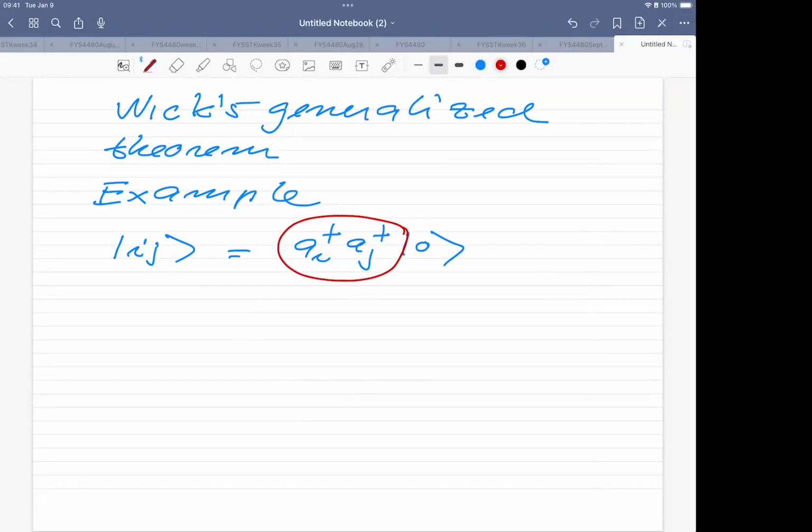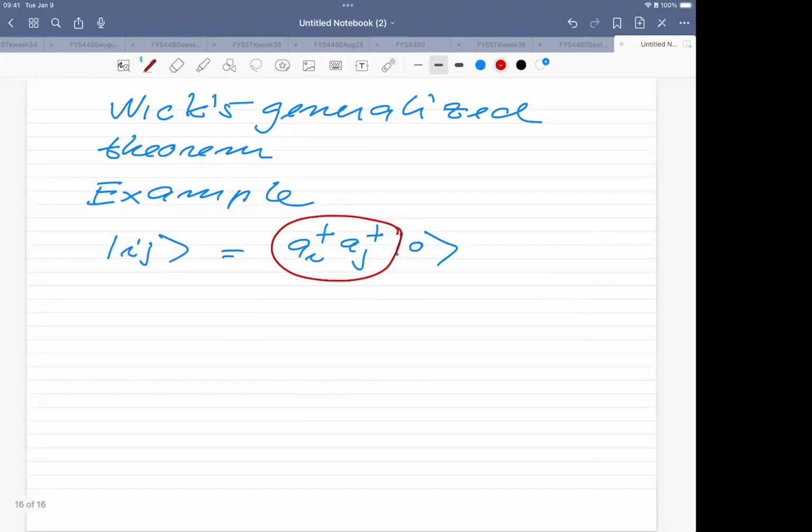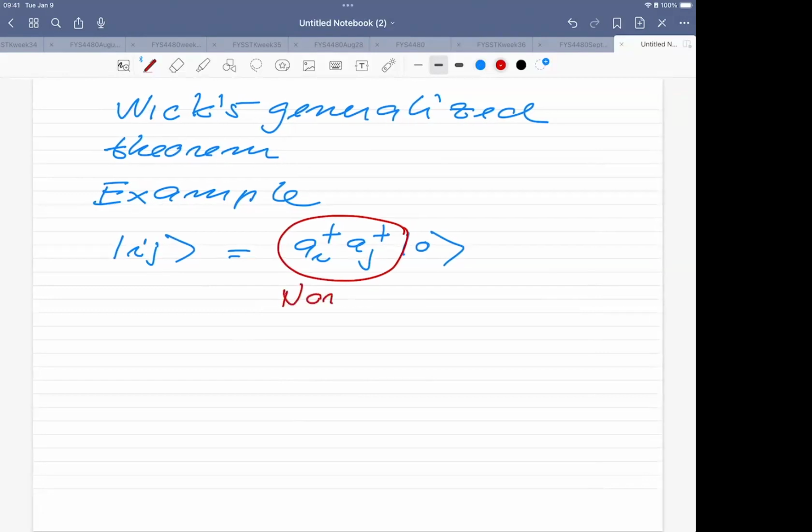We have creation operators and then the annihilation operators, which in this case are not there. So we would call this an operator which is already in normal ordered form. If I now take the bra side of this, this is equal to aj, ai. So this will also be normal ordered.